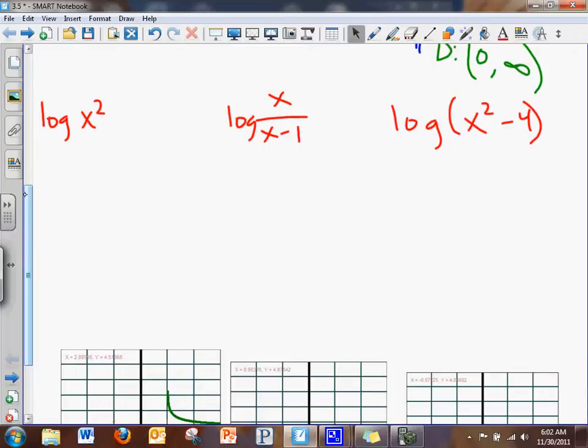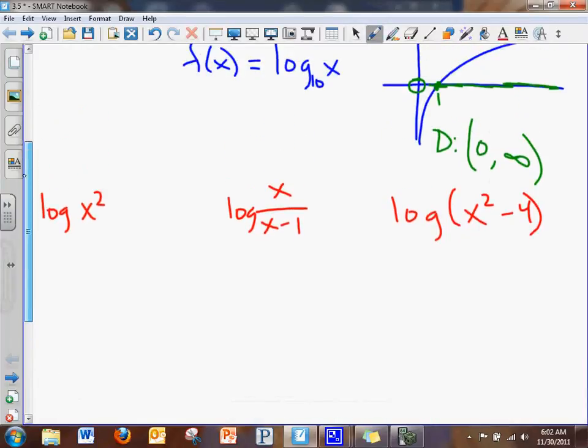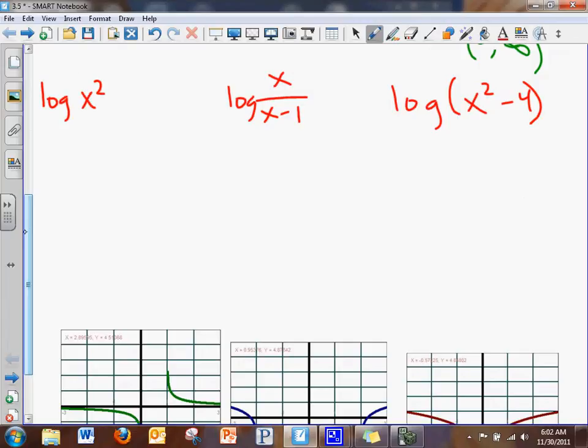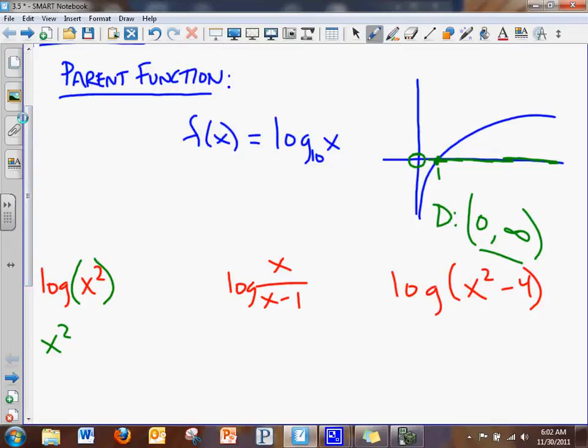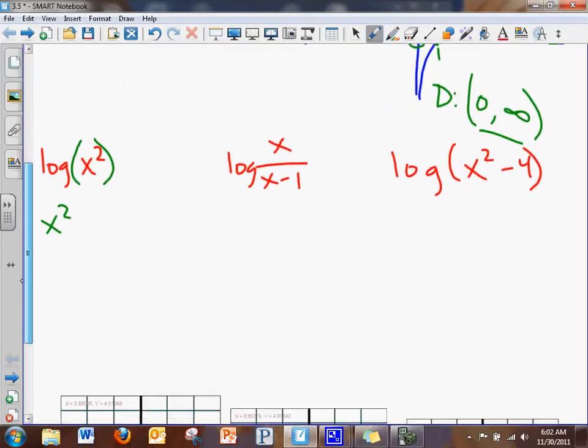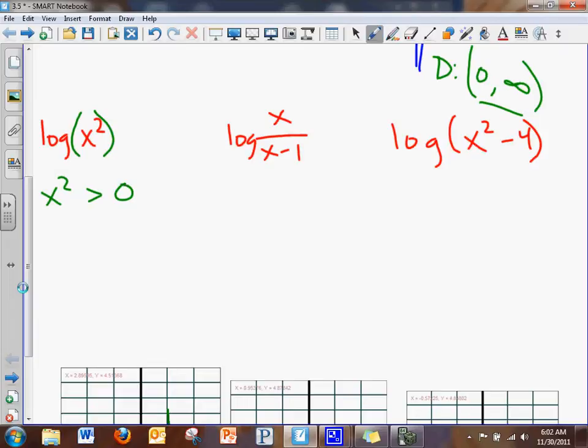Just like I reviewed with the parent function, the inside part of the function, x squared, must be greater than 0. So what values of x make this greater than 0? First of all, when we square a number, it's always positive.